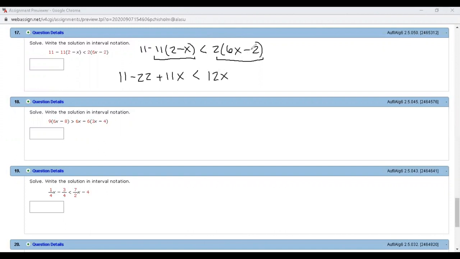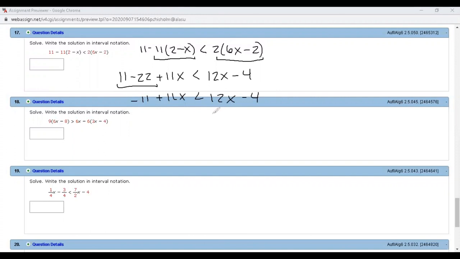We have 2 times -2, which is -4, okay? We still can't start moving things around just yet because we have some like terms that need to be combined. So 11 minus 22 is going to give us -11. Then we can copy the rest of our equation down, okay?